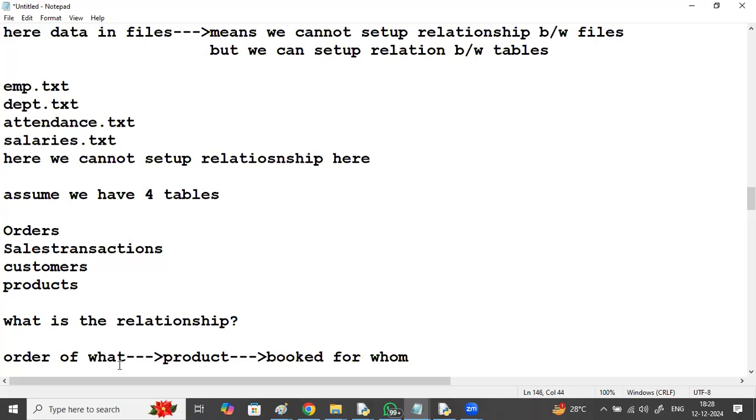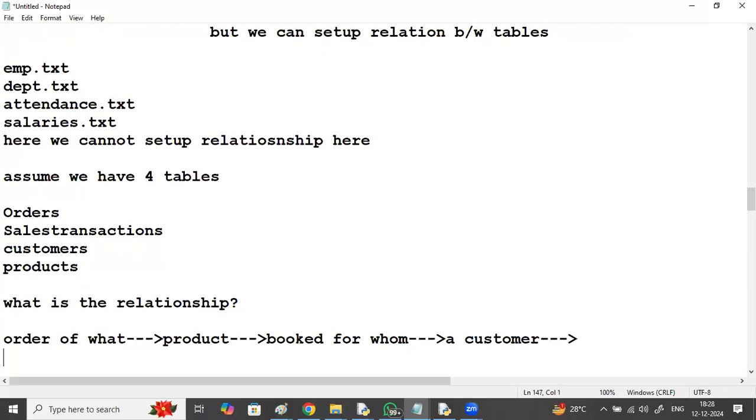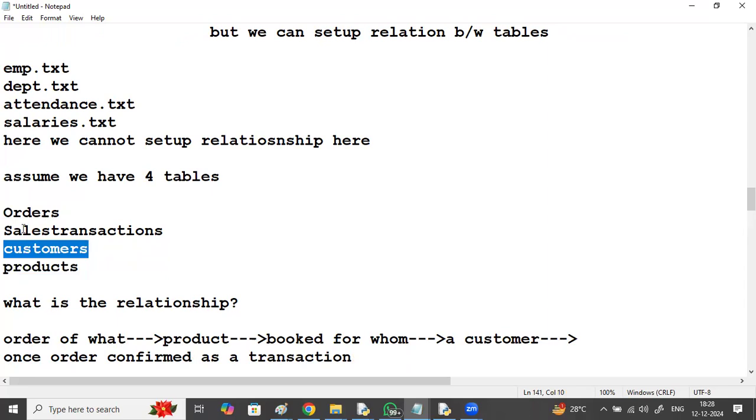Customers. Booked for whom means customer. Once order confirmed, it's a sales transaction. See, order of a product booked for customer, once order confirmed, it's a sales transaction. So here we can maintain relationship between the tables.